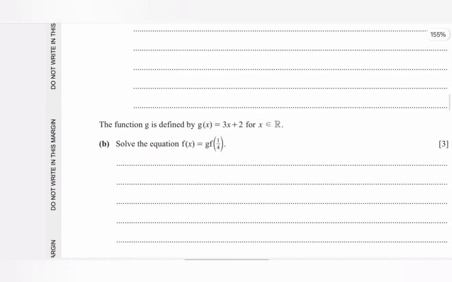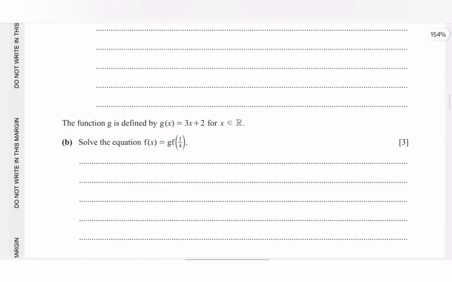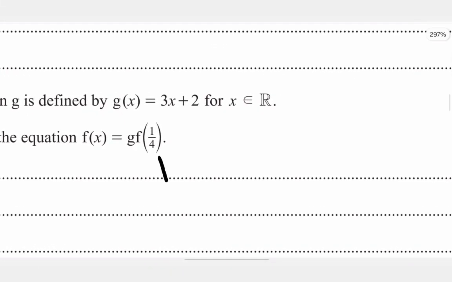And for part B, the function g is defined by g of x being equal to 3x plus 2, for x being an element of the set of real numbers. And B says solve the equation f of x is equal to g f of a quarter. So we are going to start by simplifying this first.